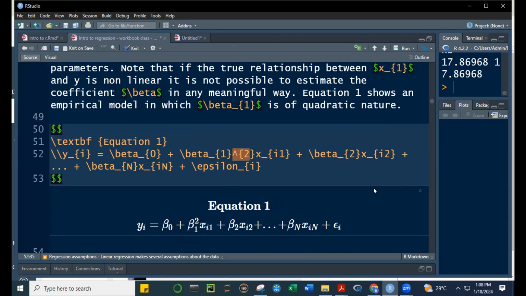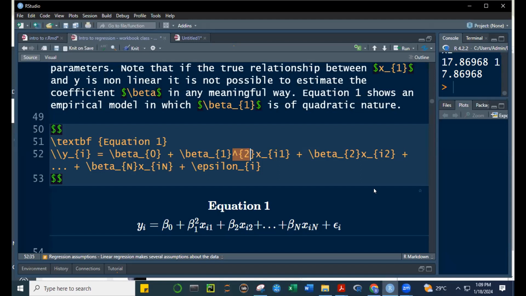Yung linearity sa number 1, class, dapat your dependent variable should be linearly related to your independent variables. Okay? It means hindi dapat quadratic, hindi dapat ang relation is a certain may power, no? Dapat linear lang.